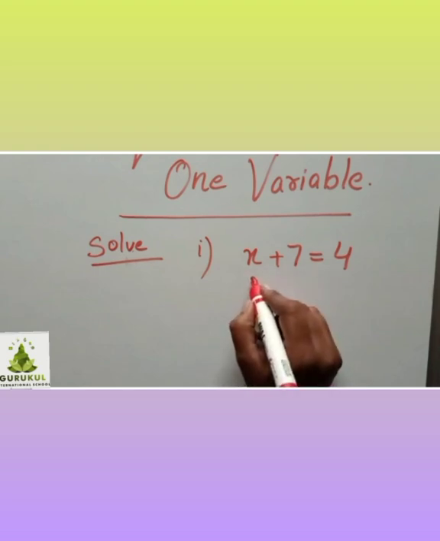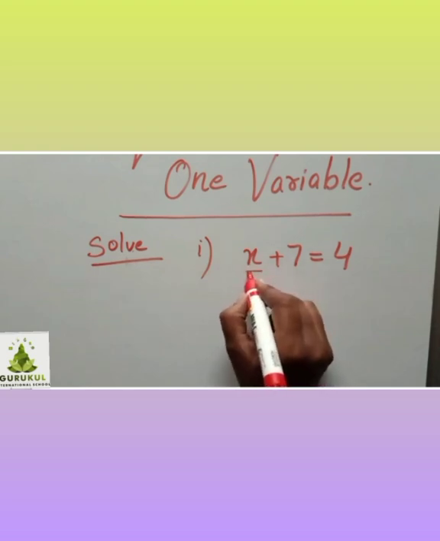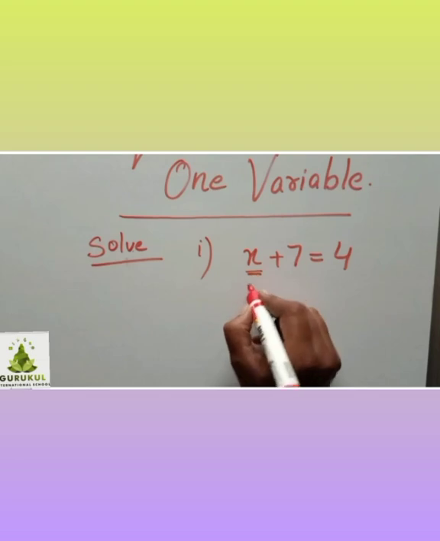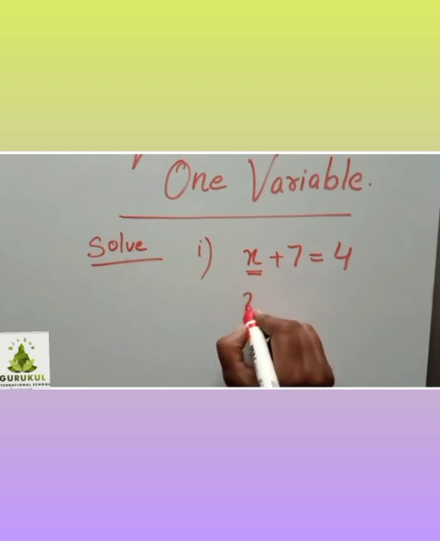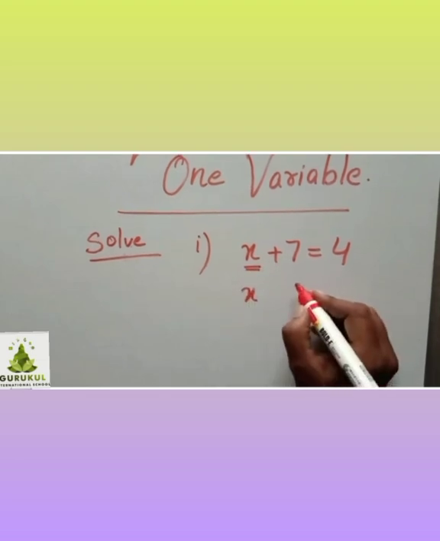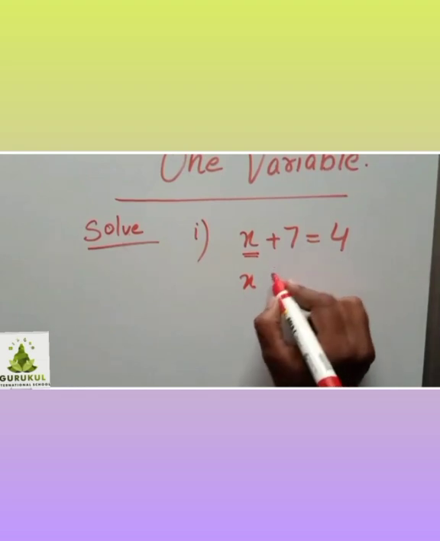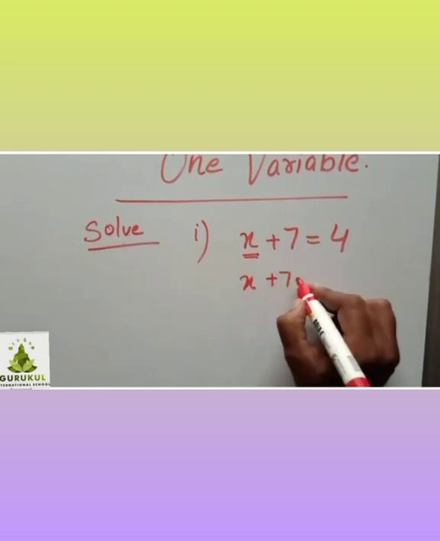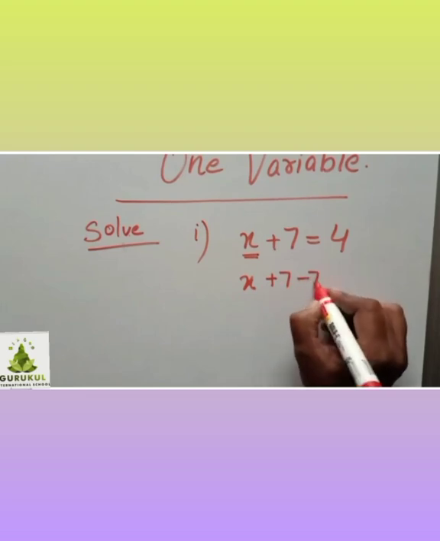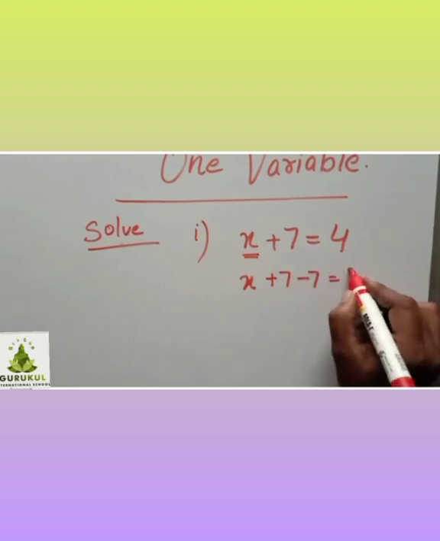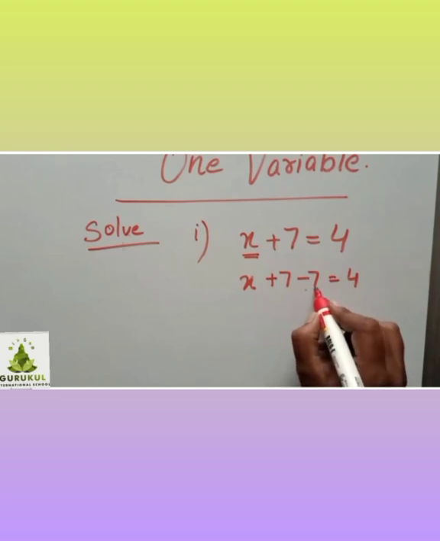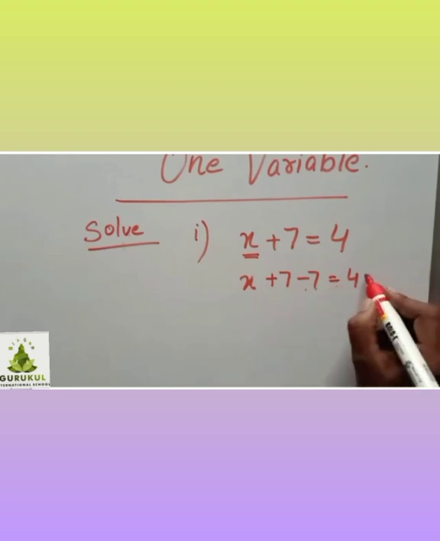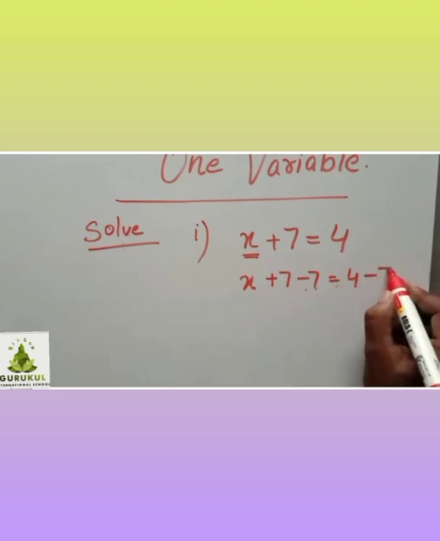Now, how to find the value of x? I will keep the variable here itself because I don't know the value. I have to find this itself. Now, plus 7 is here. To remove this, what you used to do? With plus 7, you write its opposite number, minus 7, equal to 4. Here I did minus 7, which means after the equal to sign also I used to do minus 7.